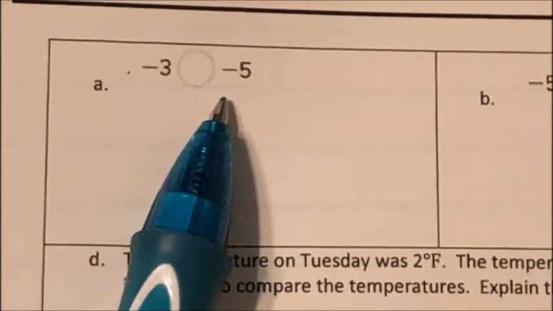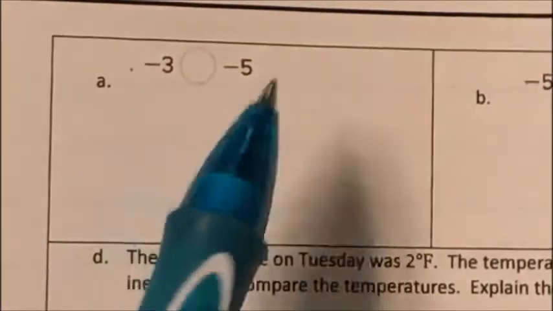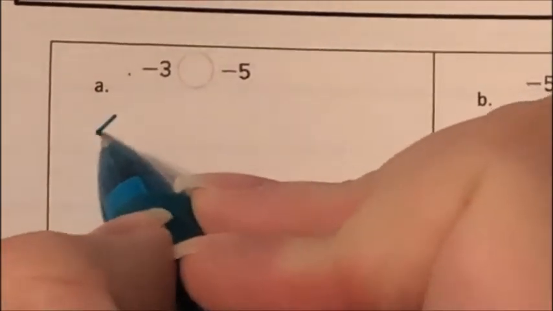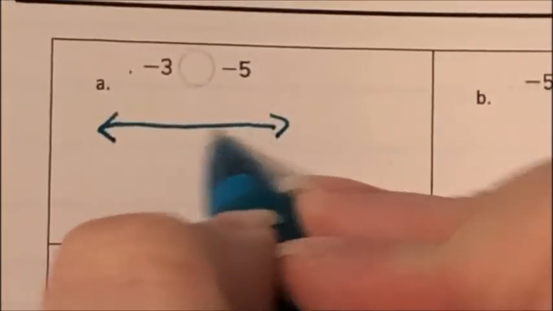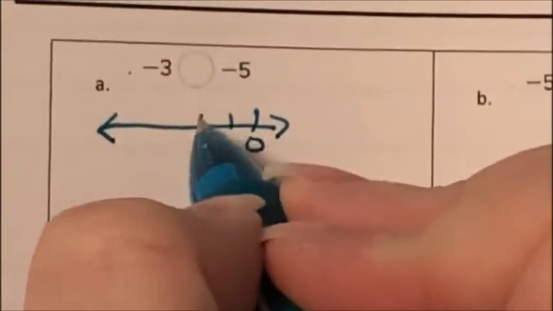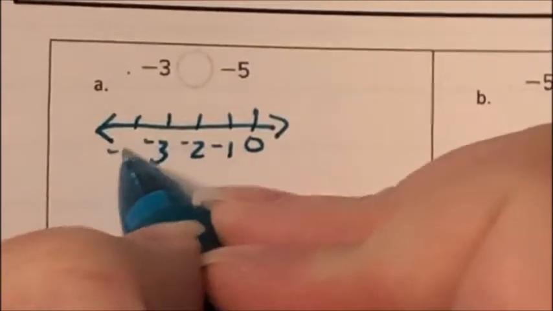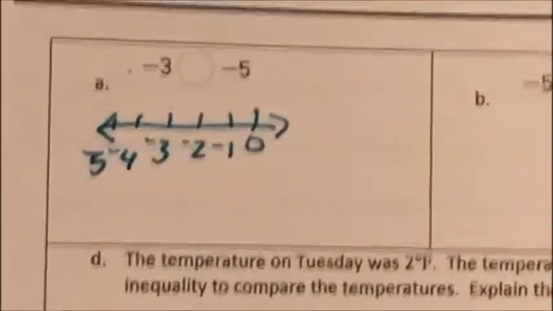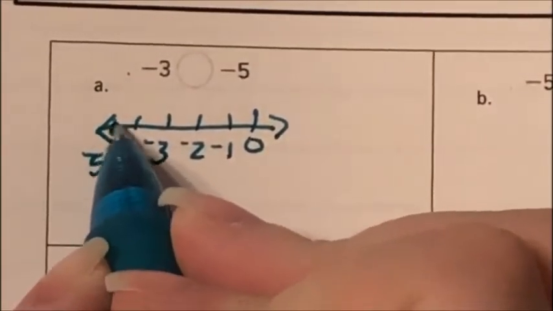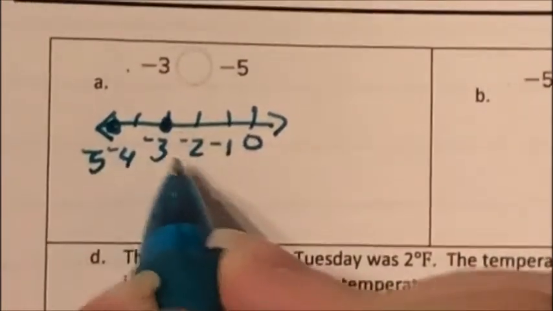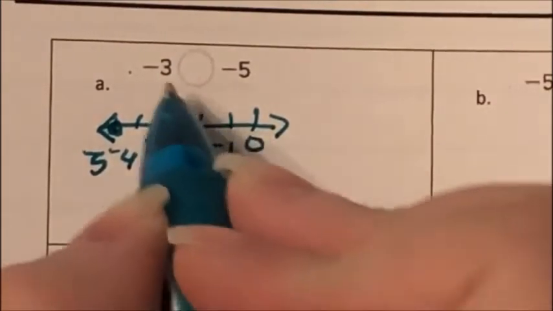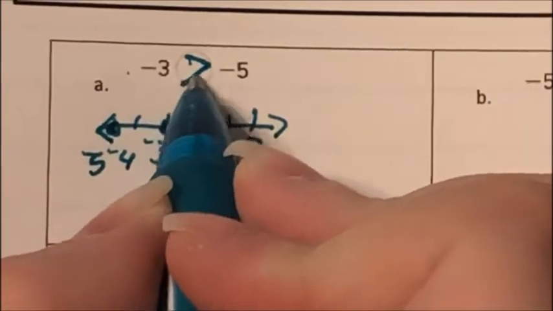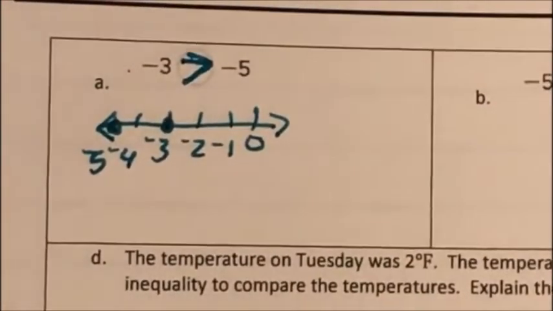They're both negative, so I want to ask myself which one's closer to 0. I can use a number line. So I have negative 5 and negative 3. Negative 3 is closer to 0, so negative 3 is bigger, so it's greater than.